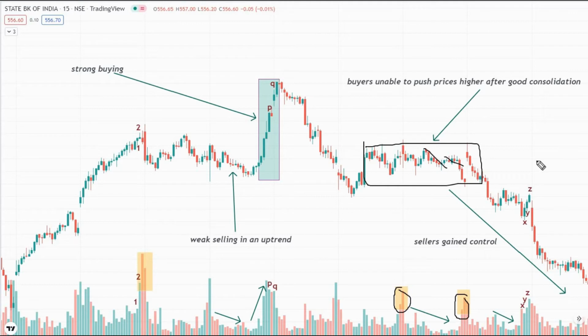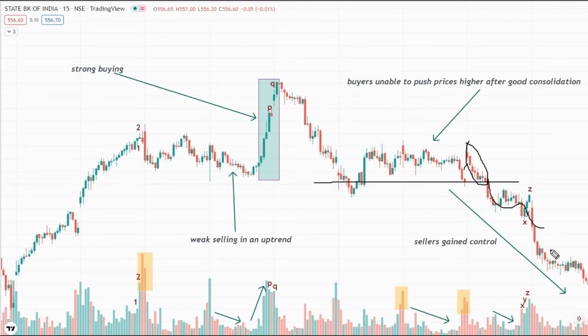Okay, so now what happened? Again, see what happened. Prices opened gap up, but still buyers couldn't break this level and continue the upward momentum. Even after the gap up, prices sold off aggressively towards the downside, and eventually it broke this level and continued the downward momentum.